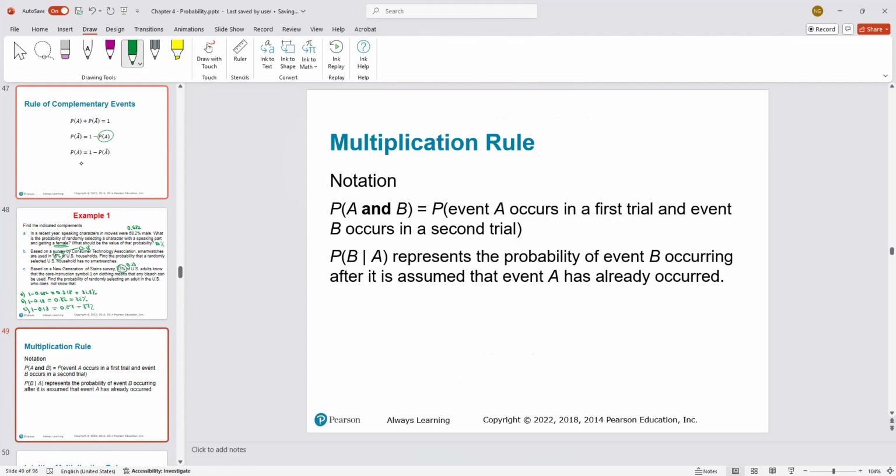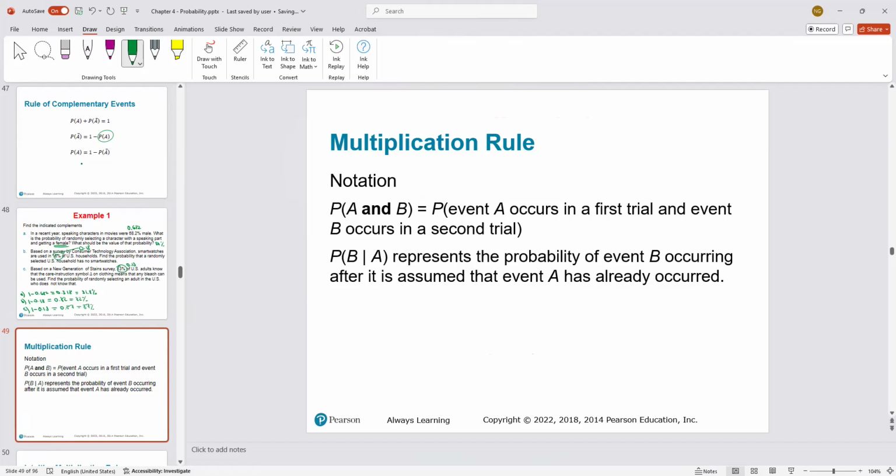To find the probability of two events occurring in sequence, you can use the multiplication rule. Probability of A and B: event A occurs in the first trial, and event B occurs in the second trial. That means they happen in sequence.